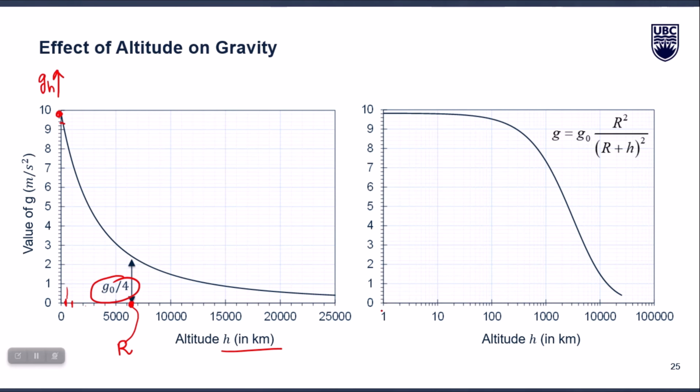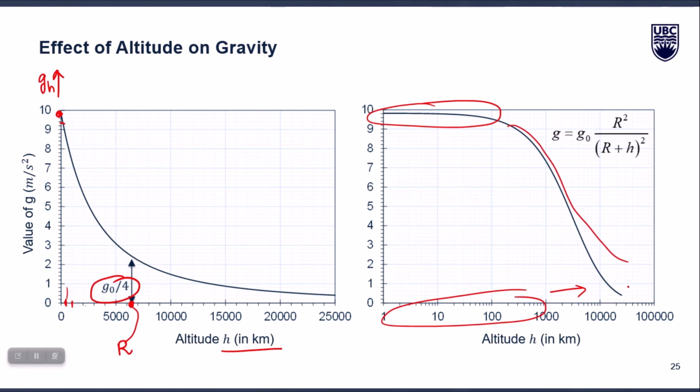So now from 1 to 10, 10 to 100, 100 to 1000, and so on. You can see that up till the first 1000 kilometers of altitude, the value is close to 9 or slightly above 9 meters per second squared, right? And then once you go beyond 1000, 2000, 4000, the value reduces to a lower number.